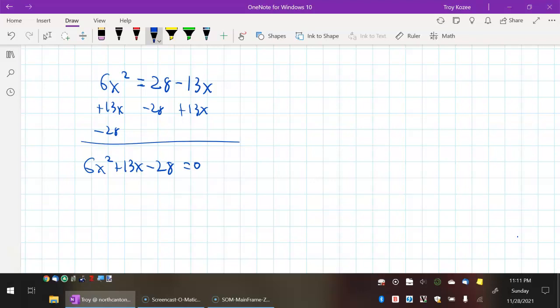I don't have a GCF here. So this is a situation where the leading coefficient is not 1, and I cannot just do a diamond puzzle. I need to either do rewrite, the box method, or the number game.